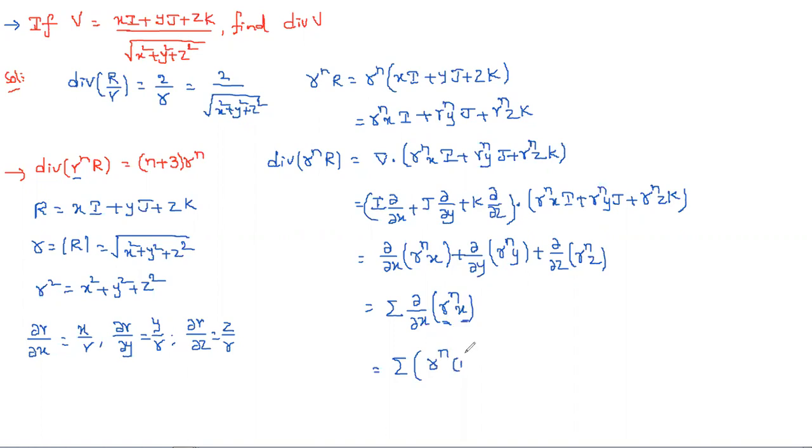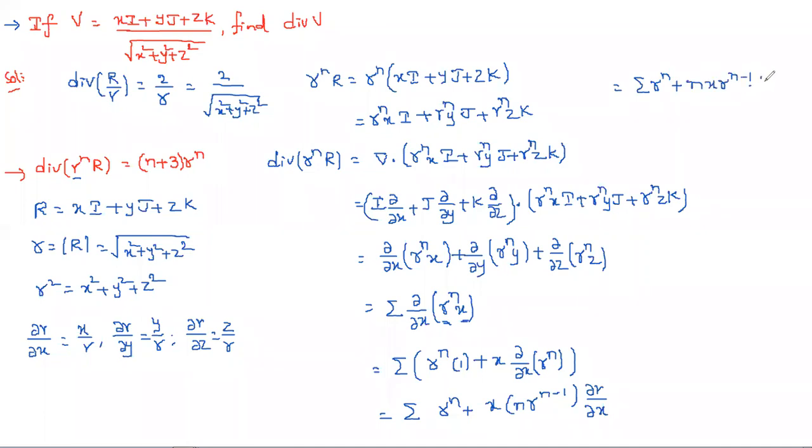The derivative of x is 1, so uv' plus vu': r^n plus x into ∂/∂x of r^n. The derivative of r^n is n r^(n-1), and the derivative of r is ∂r/∂x, which is x/r.